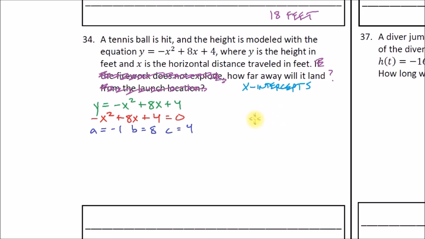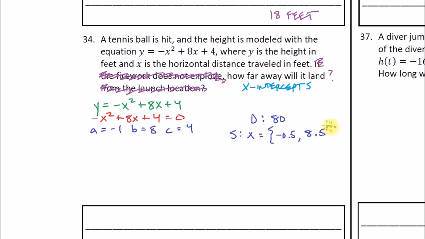When you find the discriminant, it is going to be equal to 80. And when you find your solutions, x equals negative 0.5 and 8.5.